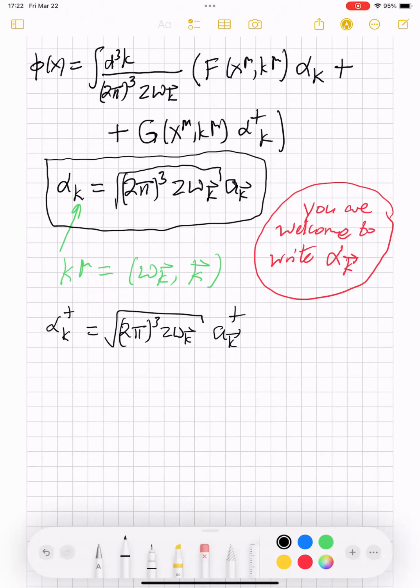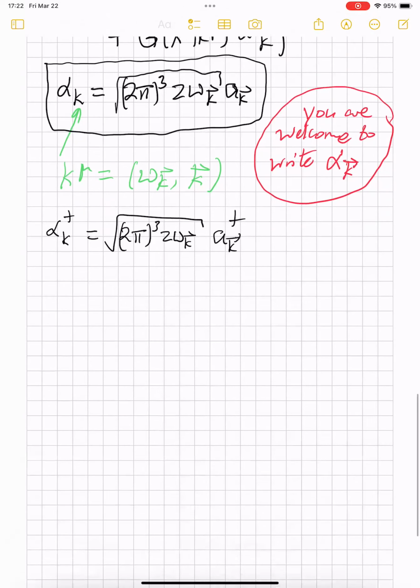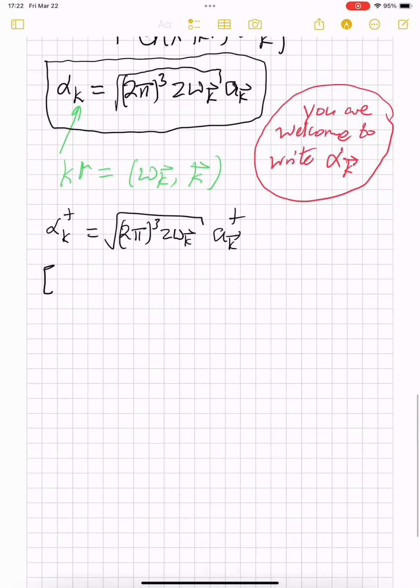Good. Okay, so now let's really check and see if these oscillators are Lorentz invariant or not. And the way to check that is, let's calculate the commutator, okay? So let's take [α_p, α_k dagger]. And these numerical factors multiply by each other. So the square root of 2π cubed from α_k will multiply by the square root of 2π cubed from the α_k dagger, and we'll just get a factor of 2π cubed.